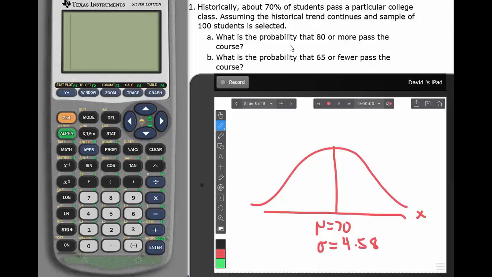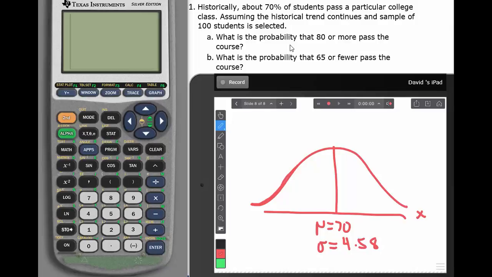Now here's a little bit of a change here. We can't just go over and put 80 on our graph because we're using what in essence is a continuous curve. You know, there are no blank spaces on here. So we're using a continuous curve to estimate binomial probabilities, and binomials are discrete. You can't have 80.2 students pass the course.